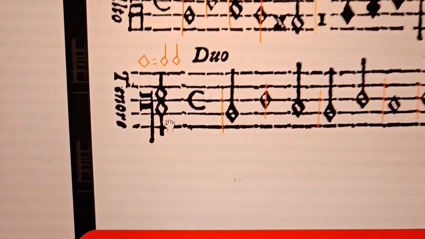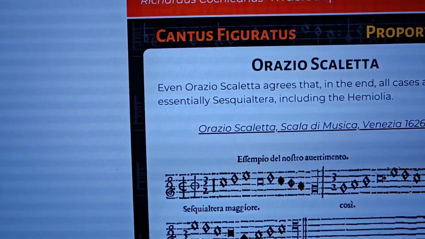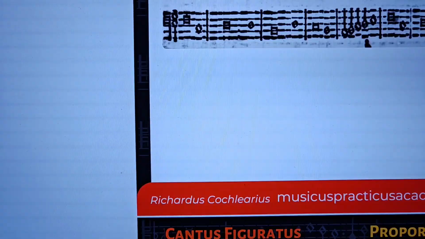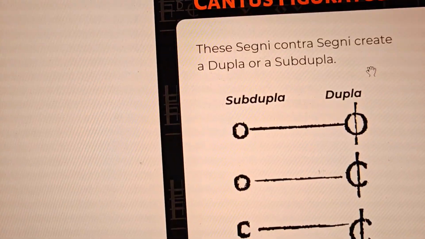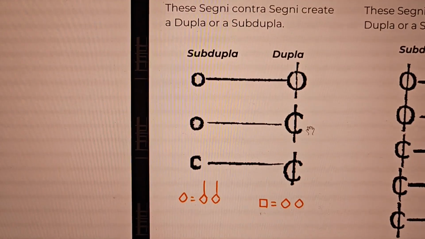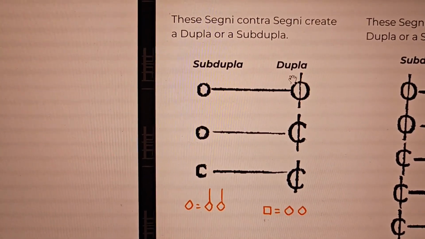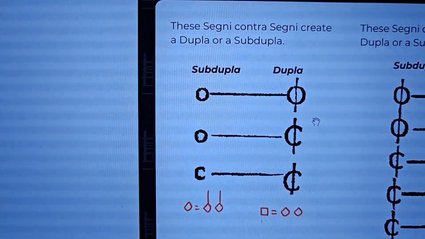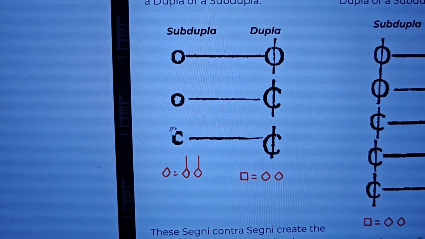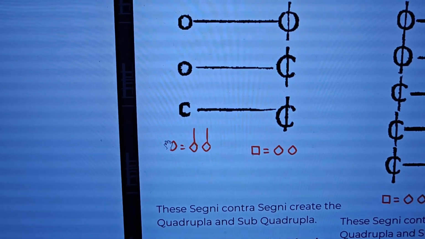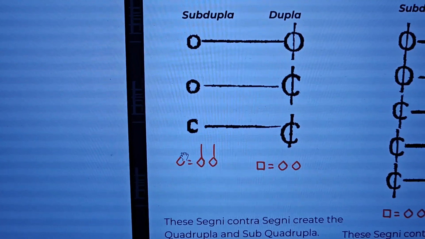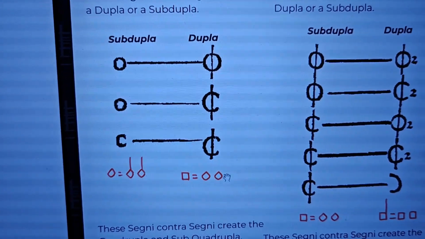Cat arriving from something which is not catted. And when we will study segni contra segni later, you'll see that from the circle without the cat to the circle with the cat, from the semicircle without the cat to the semicircle with the cat, we have the proportio dupla, because here we put the semibrevis of 2 minime in the tactus, while here we put the brevis of 2 semibrevis.